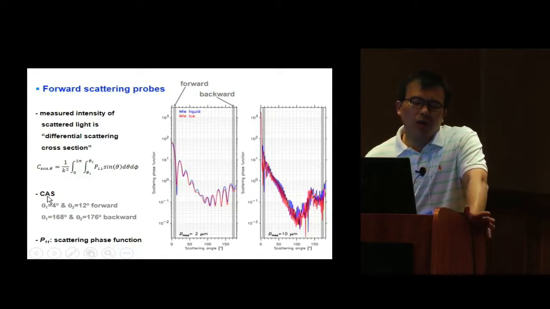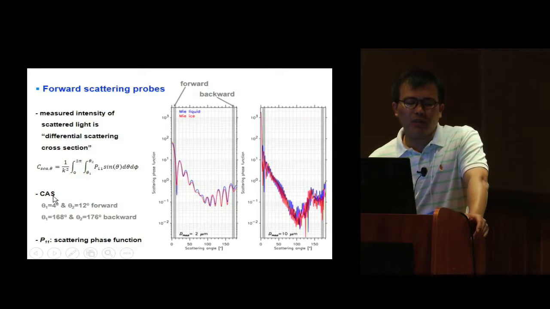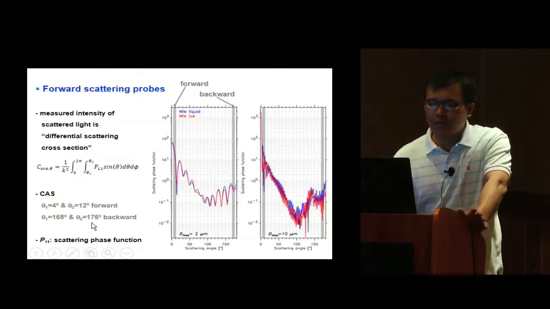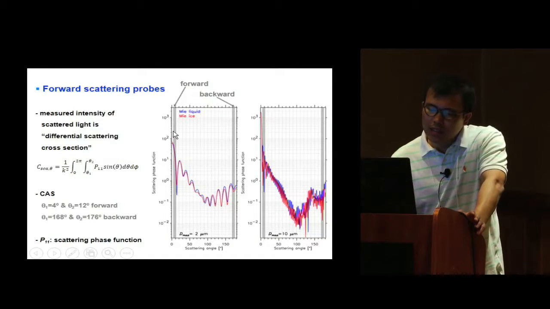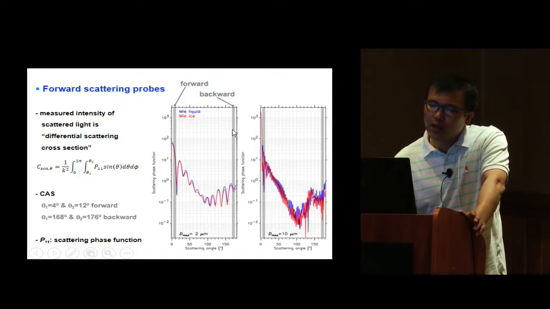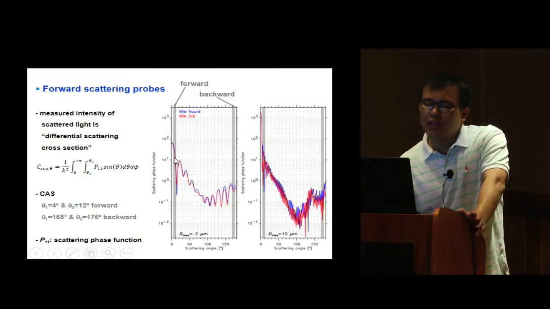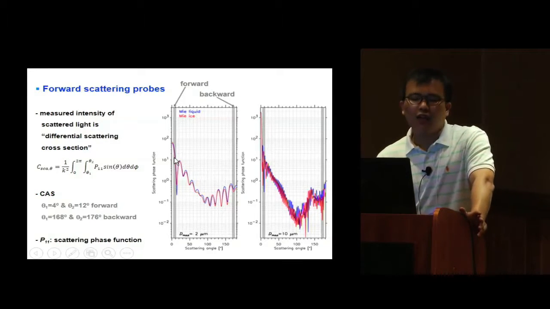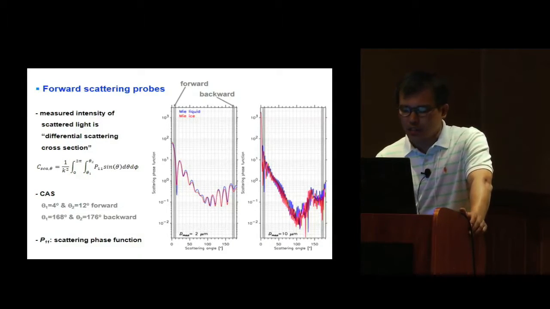For example, the CAS measures the forward scattering direction between 4 and 12 degrees, and the backward direction between 168 and 176 degrees. The gray shaded areas are the forward and backward directions. We integrate the scattering phase function within these angles and calculate the scattering cross section.